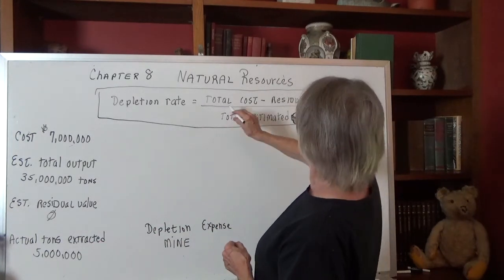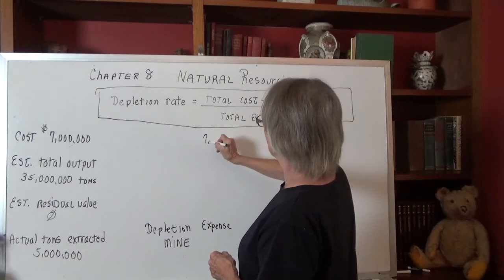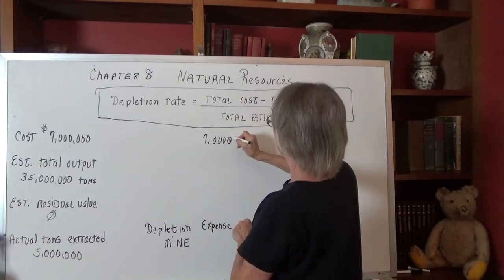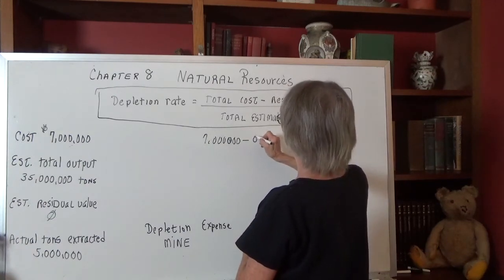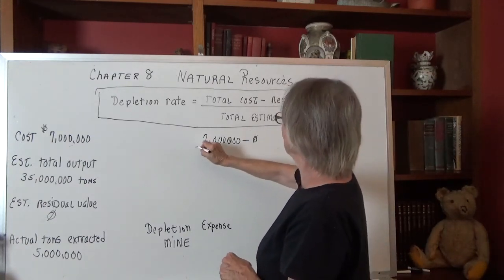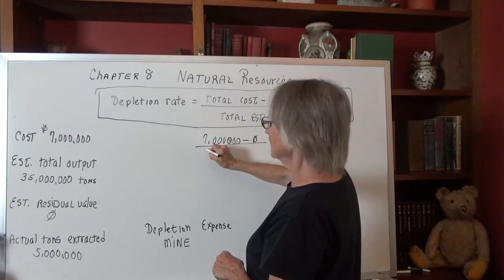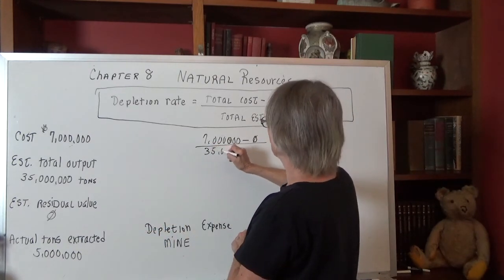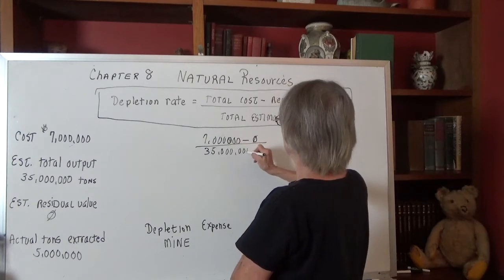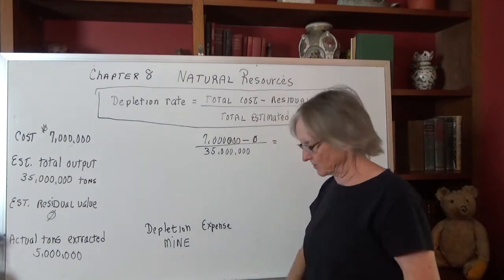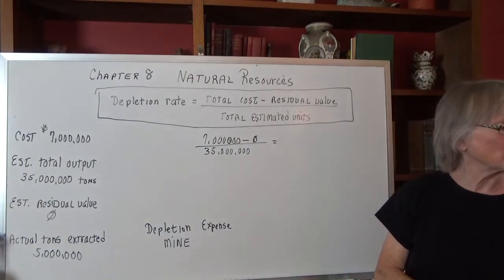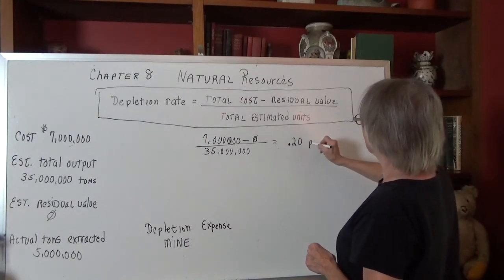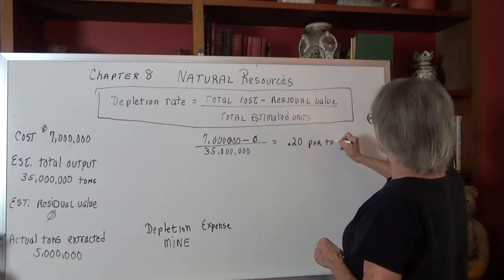The total cost would be the 7 million, minus 0, because we have a 0 residual value, divided by the total estimated tons of 35 million, would give us the depletion rate of 20 cents per ton.